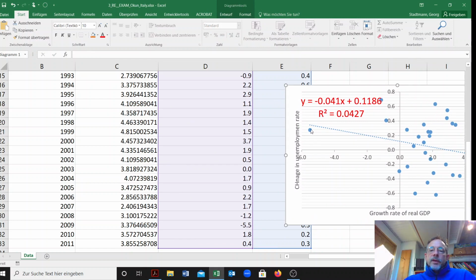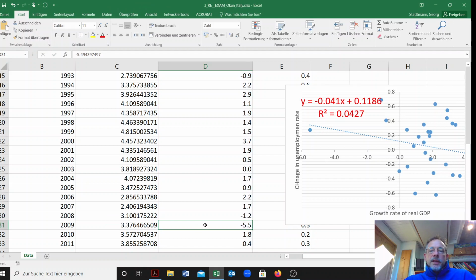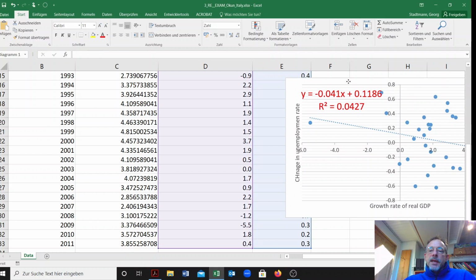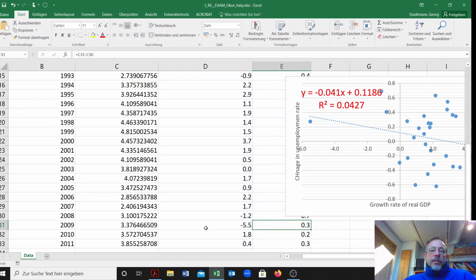This is the year 2009, where we have a negative growth rate of minus 5.5% of real GDP. And there, the unemployment rate increases by 3 percentage points from 3.1 to 3.4. Yes, the growth rate of real GDP is displayed on the horizontal axis, and the change in the unemployment rate is displayed on the vertical axis.